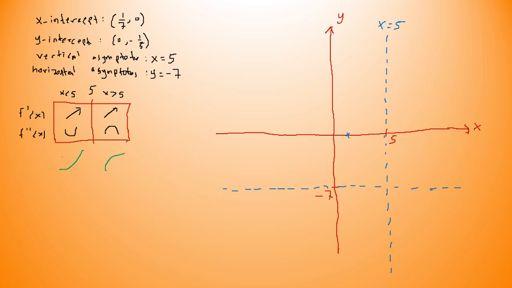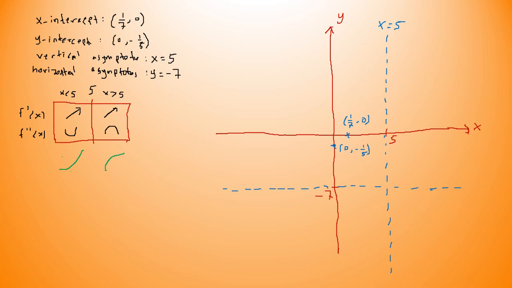Then plot the x-intercept 1 over 7, 0. Here 1 over 7, 0. And then the y-intercept 0, negative 1 over 5. Here, 0, negative 1 over 5 is the y-intercept.